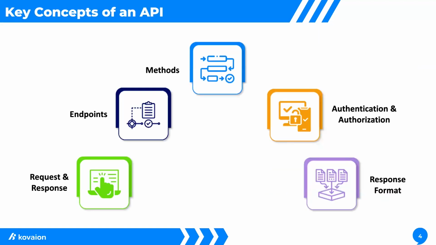These are the key concepts of APIs, and they play a huge role. First is request and response. The client makes a request to the API, and the server processes that request and sends back a response, usually with data or a status code.